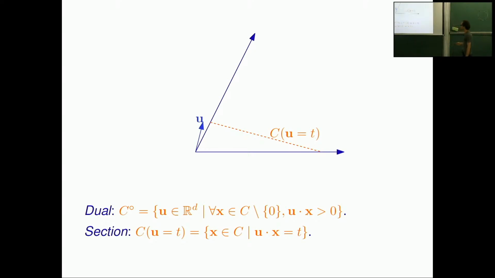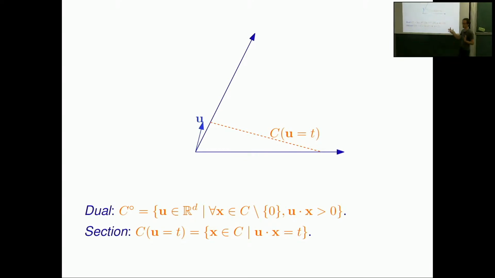So given a cone C and a vector U, a section of the cone, or those points in the cone that have a fixed dot product T with U, the section of the cone C of U equal to T, is this subset of the points of C. In general, it is going to be some hyperplane perpendicular to U. It's not necessarily going to be lined up with U in this sense.